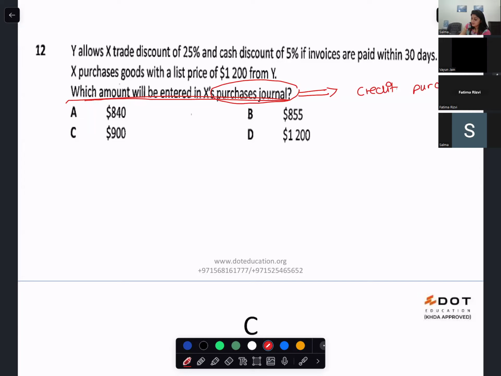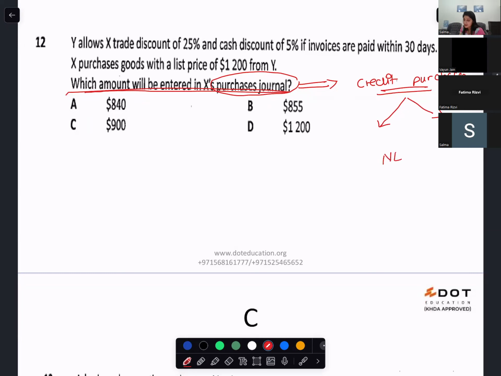And credit purchases or credit sales are always recorded at what price? Net list price. I'm repeating again: purchases or sales are always recorded at what price? Net list price. Yes.